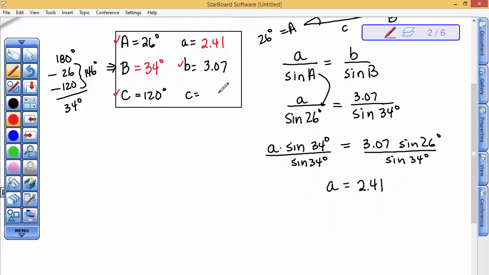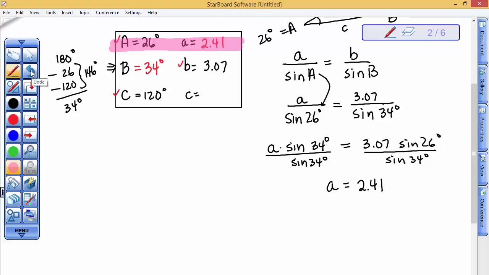So I'm going to cover up one of these rows because the law of sines says to use A's and B's or A's and C's or B's and C's. So pretend my arm is covering up this row that you can't see it. So I'm going to use this information right here. So B over the sine of B equals C over the sine of C is the form of the law of sines that I'm going to use. I'm going to uncover that.